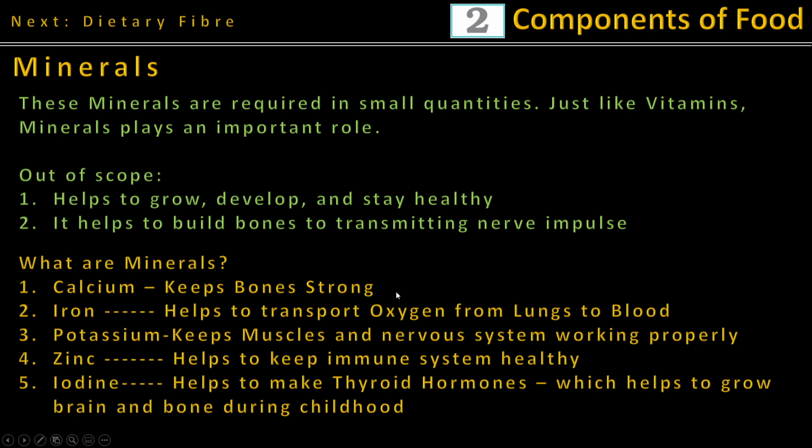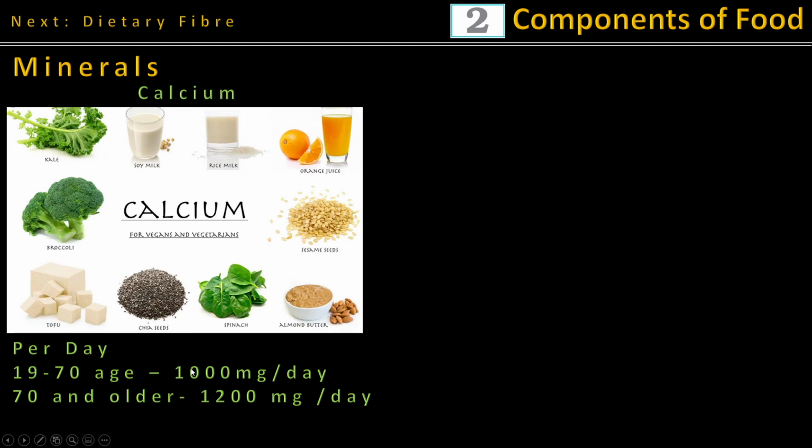Now let us understand which foods belong to calcium, iron, potassium, zinc and iodine. This is the calcium food. You see here kale, soya milk, rice milk, orange juice, broccoli, sesame seeds, so many common foods.